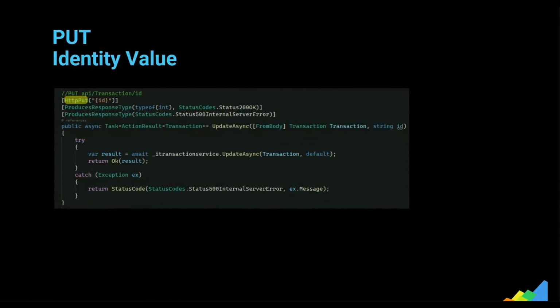It is the HTTP verb that specifies a given resource needs to be updated. It's again best practice to specify the identity value for the resource. In other words, the key value that identifies the row being changed.